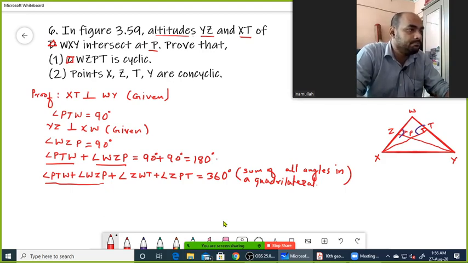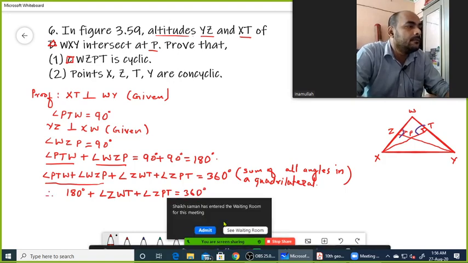So these two can be replaced with 180 plus angle ZWT plus angle ZPT is 360.